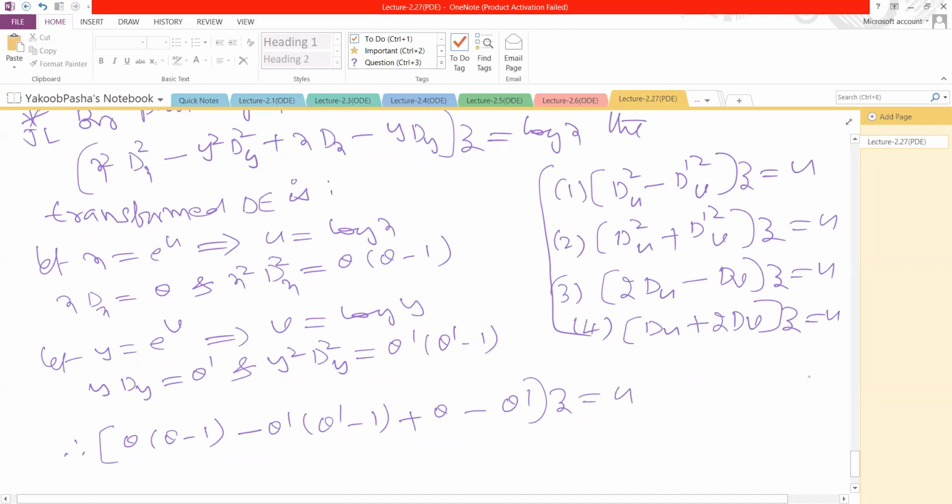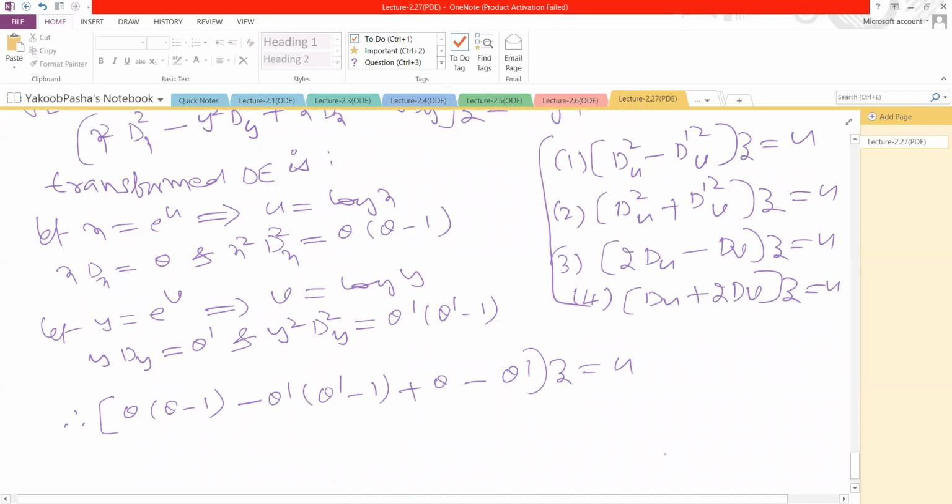Here you can see theta plus theta will be cancelled, minus theta dash plus theta dash will be cancelled. So this is theta square minus theta dash square of z equal to u.